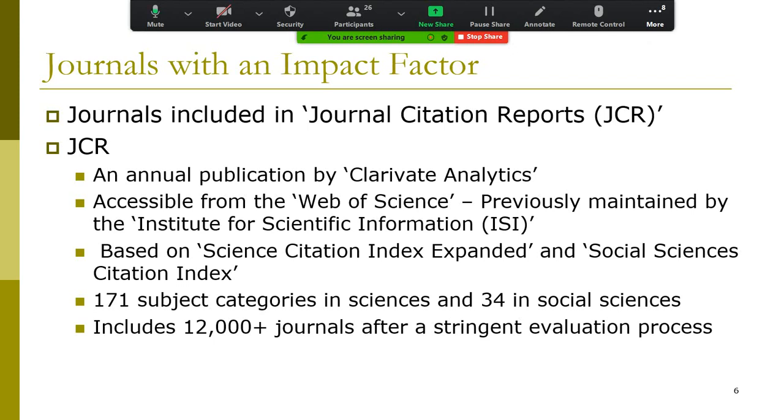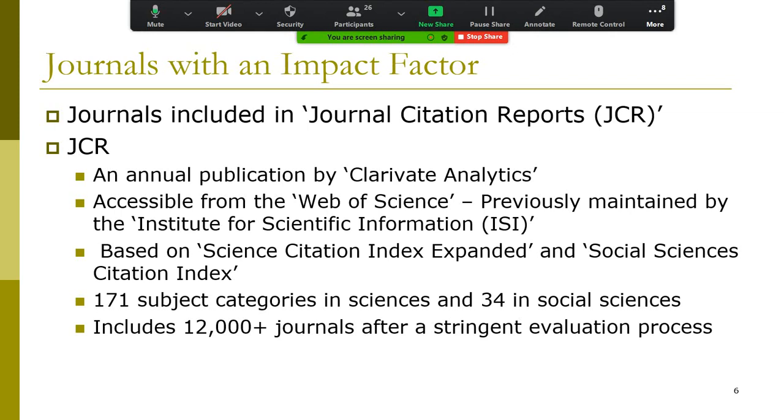JCR includes more than 12,000 journals after a stringent evaluation process. Their evaluation process is very harsh, very rigorous. I was looking at the criteria for inclusion of journals in JCR, and it was very harsh.